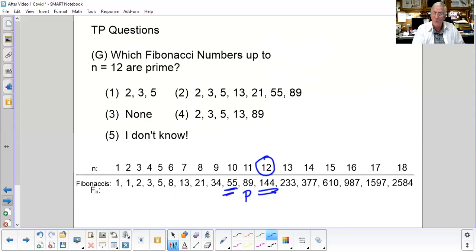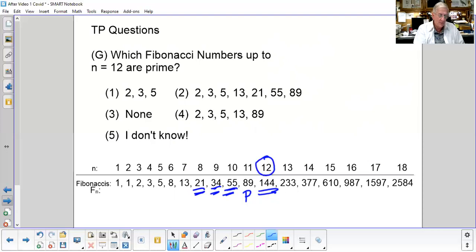34 is even, so it's composite, not prime. 21 is odd, but it's divisible by 3, right? So therefore 21 is composite. How about 13? Can you think of any number that will divide evenly into 13 except for 13 or 1? No, you probably can't.